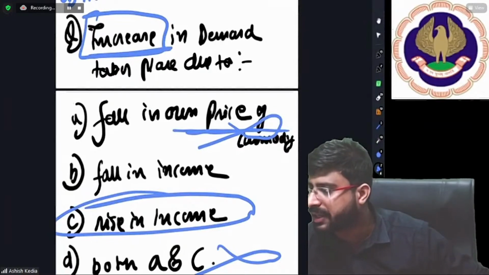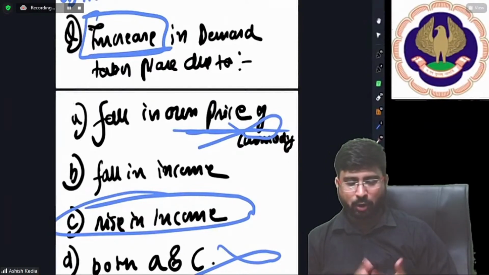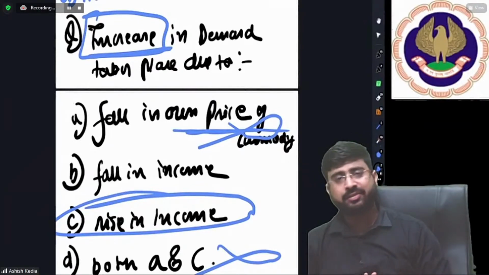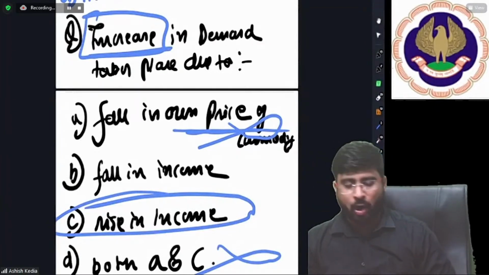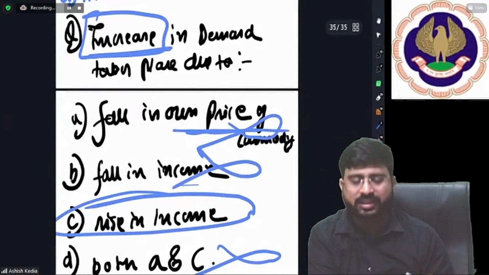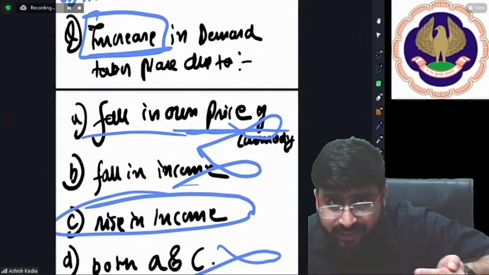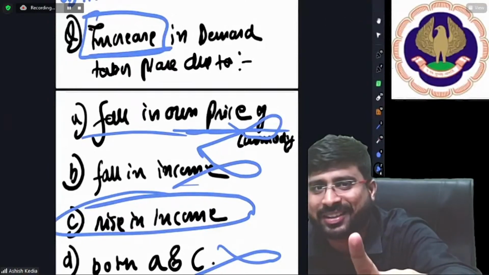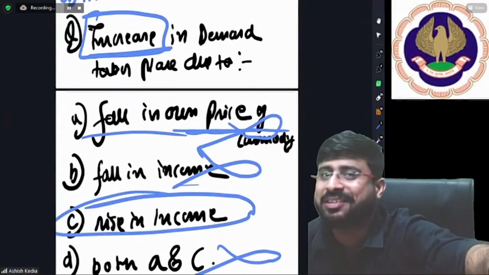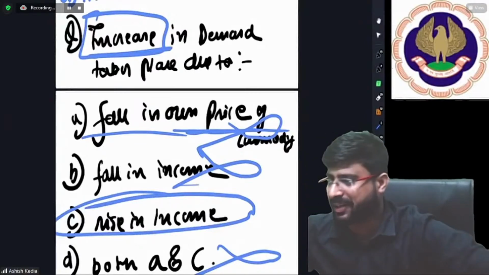Is that clear, everybody? When income rises, demand will rise, because of other factors. How will fall in income result in rise in demand? So obviously, it can't be the answer. But why not fall in price? Yes, demand will rise, but the word increase is incorrect. Increase is used only when it is because of other factors, not because of own price.